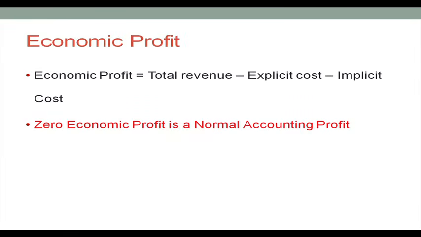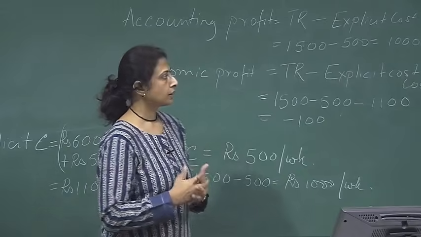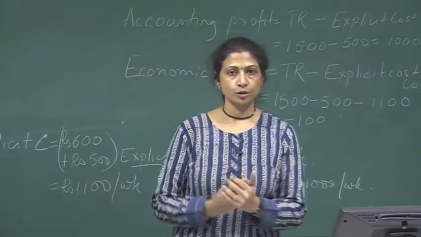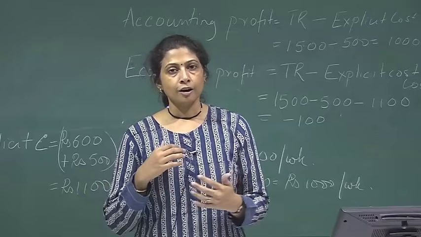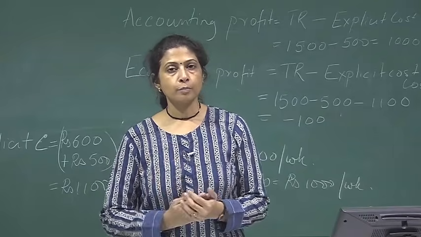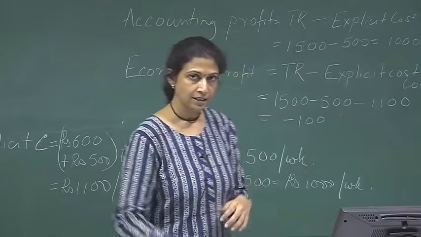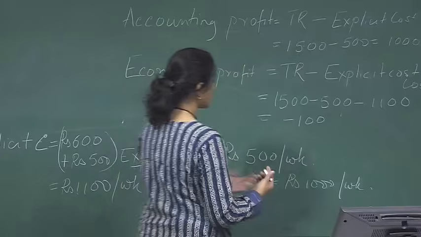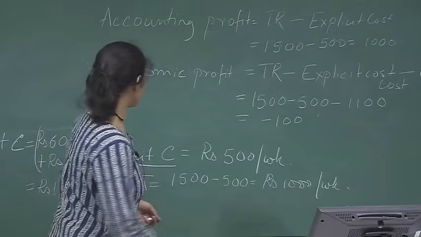Now what happens when economic profit is zero? We are going to see later when we discuss perfect competition, etc., that in the long run all the producers earn a profit which is equal to zero. Basically, all our calculations end up with total revenue being equal to total cost.